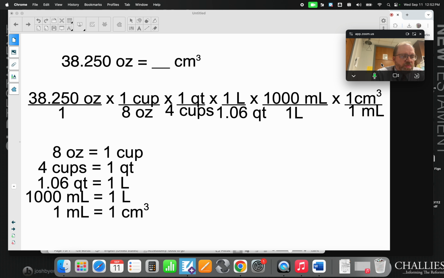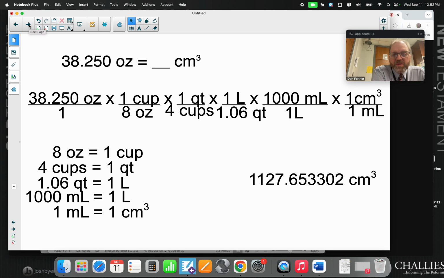We don't have to multiply by 1 because we know what that means. Hit equal, divide by 8, hit equal, divide by 4, hit equal, divide by 1.06. When you do that, you get an answer of 1,127.653302 cubic centimeters.